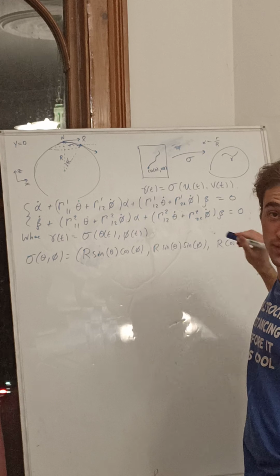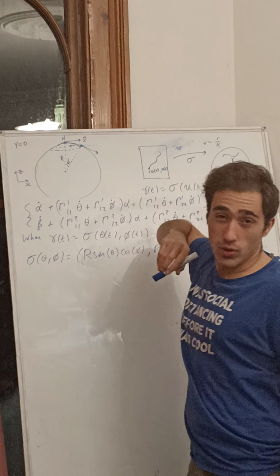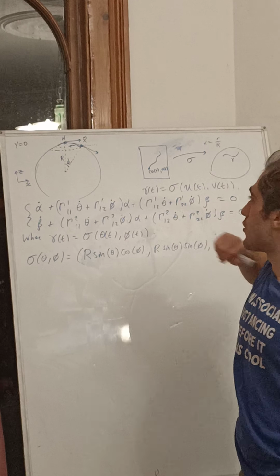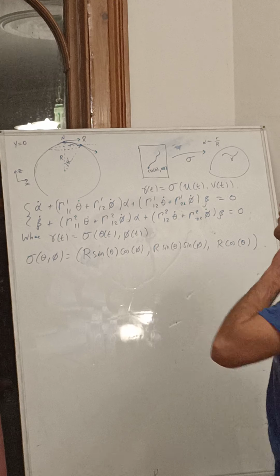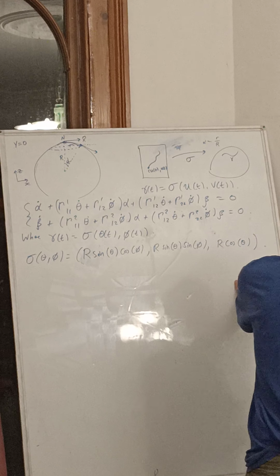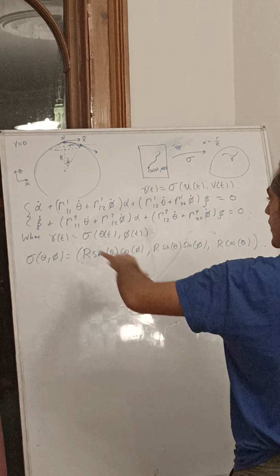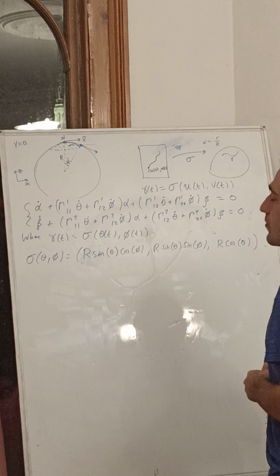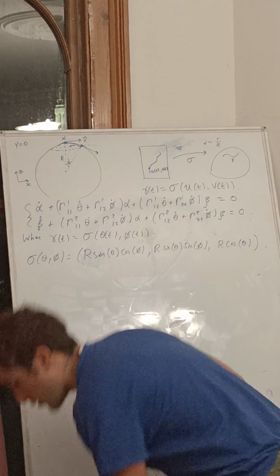So the surface patch doesn't cover the North Pole, and we will run into a little trouble when we transport the vector back, but I'm not going to worry about that for now. This u right here is theta, and v is phi. So I've rewritten this in terms of all of that.